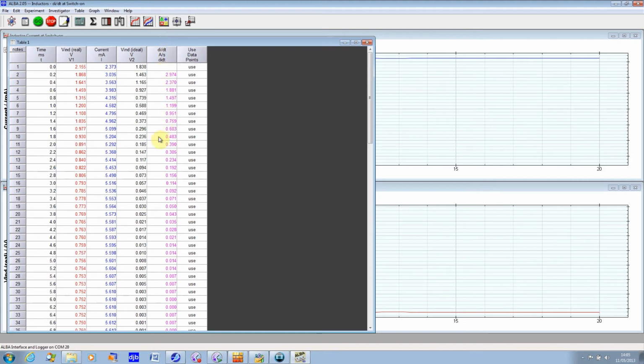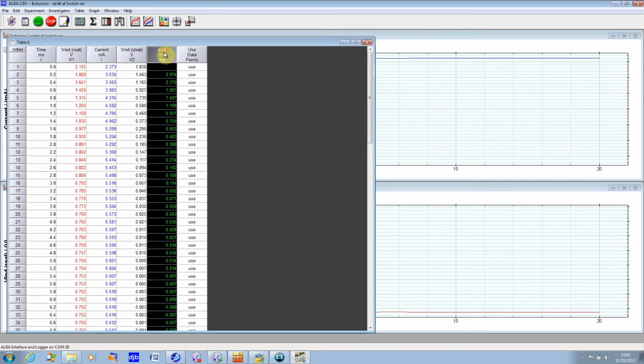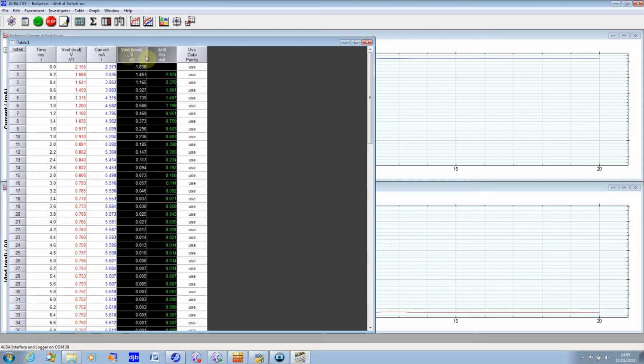We have a dI by dt, a change in current divided by change in time. So I now have a table that contains the rate of change of current with time and the induced voltage across this perfect inductor. So I'm going to select these two columns, and with my third click, get a graph.